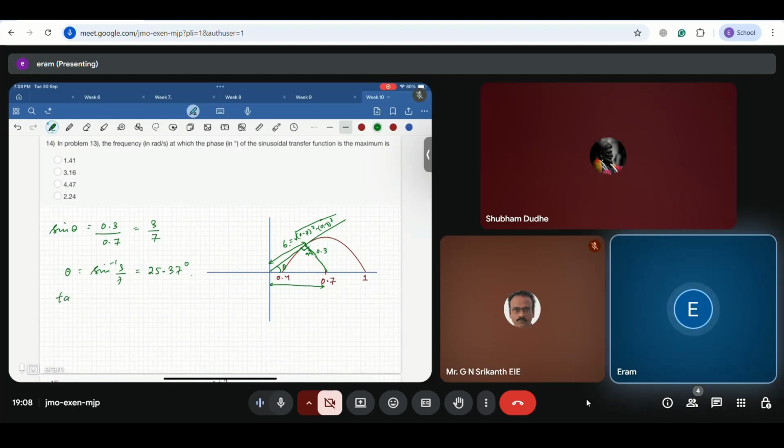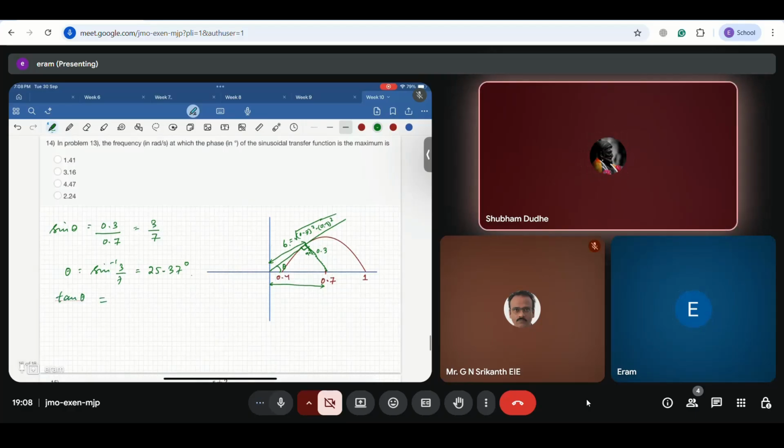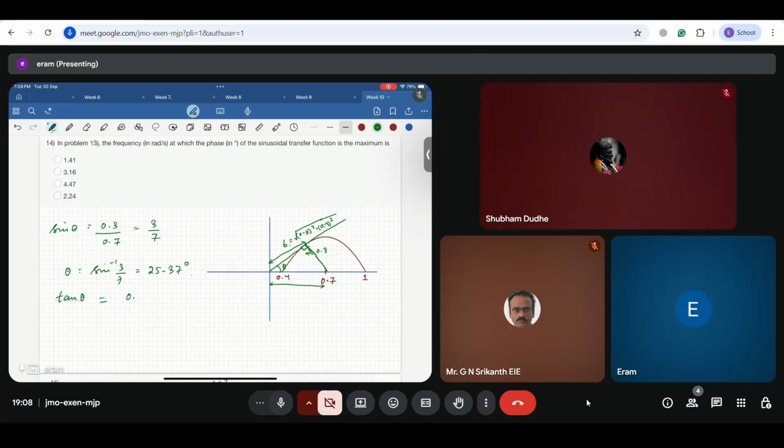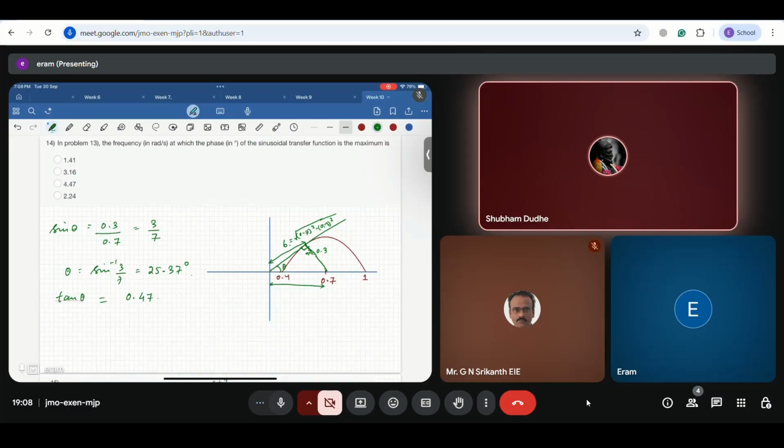Okay, yes. What will be tan theta? Tan of 25.37 is 0.47.